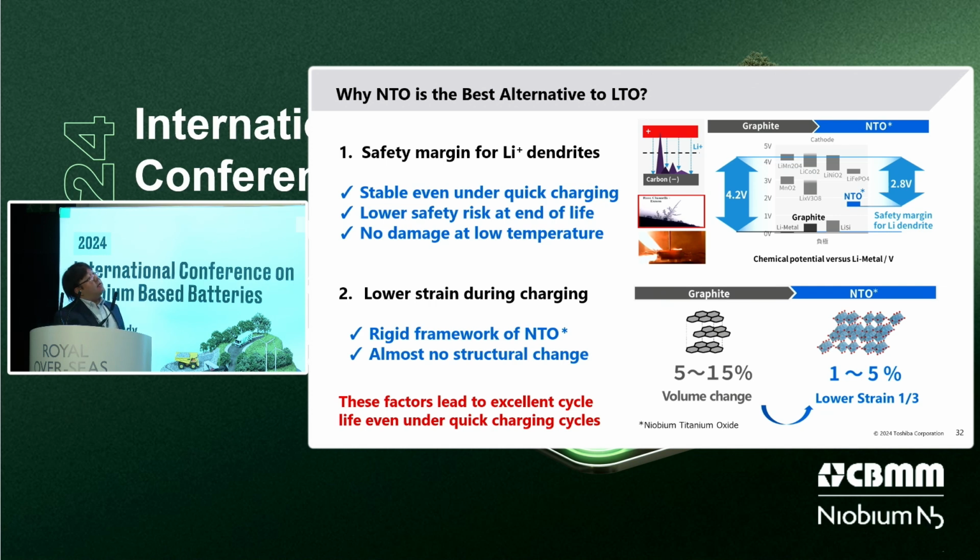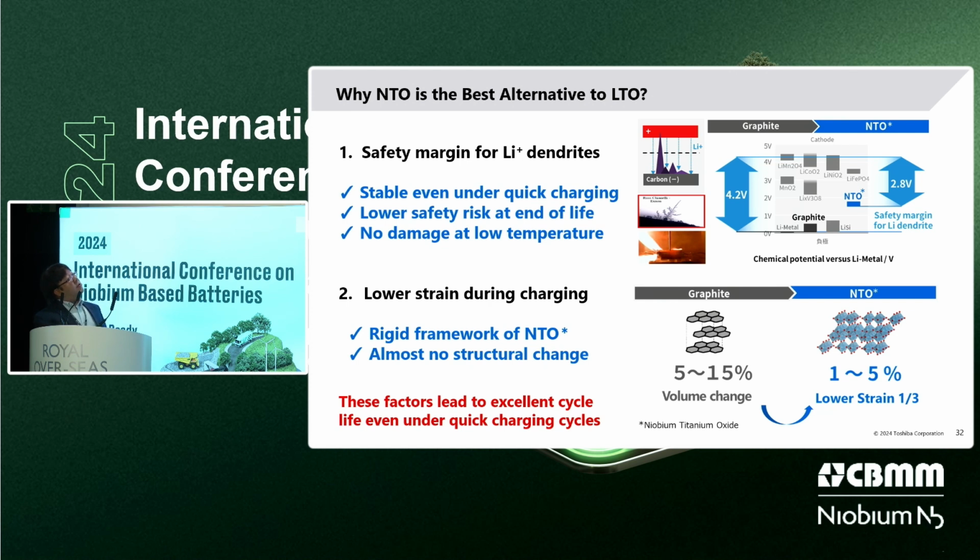As you know, graphite is very close to the lithium metal potential, so there is a possibility that such kind of lithium dendrite formation could occur during quick charging cycles or low temperature charging and so on. On the other hand, NTO has a safety margin against lithium metal plating potential.